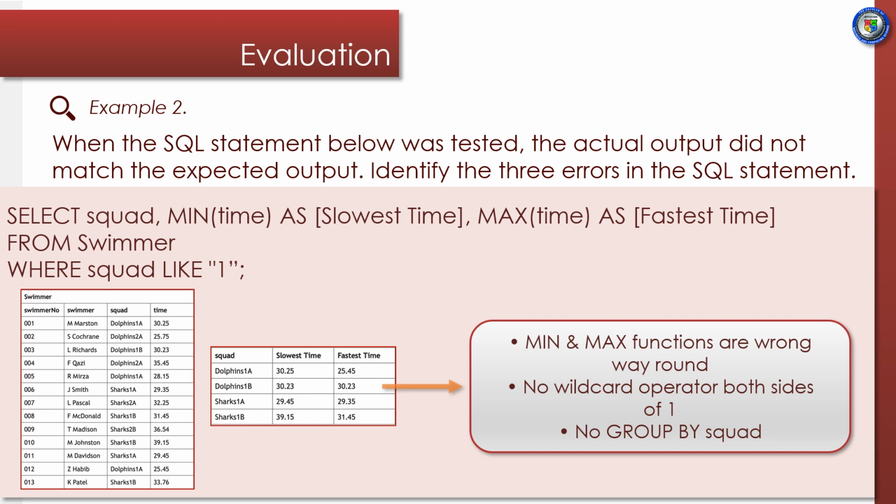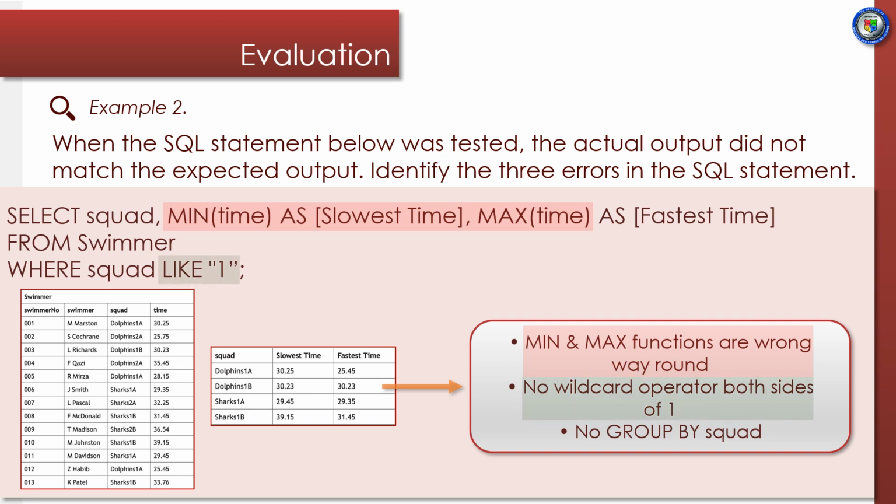So there are 3 issues here. The first issue is the min and max aggregate functions are the wrong way round, and as such the min aggregate function would find the fastest time because it's the minimum amount of time to swim that 50 metres, and the max aggregate function would find the slowest time because it's the longest time to swim that 50 metres.